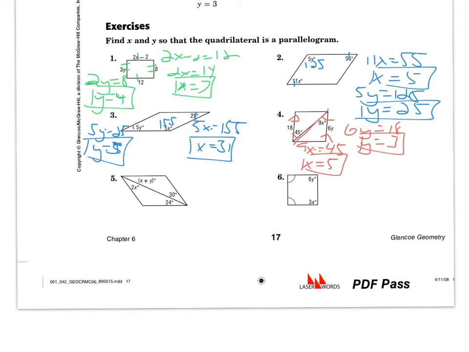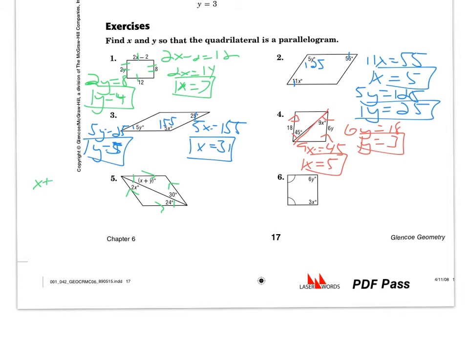Okay, very similarly here at number 5, I could show that both sets of opposite sides are parallel, working with parallel lines again. So when you're working with angles, when you have transversals like that, I tend to guess that you're probably going to be proving that lines are parallel, and use the fact that you've got alternate interior angles. Okay, so if the top and the bottom are congruent, then that transversal makes these alternate interior angles.